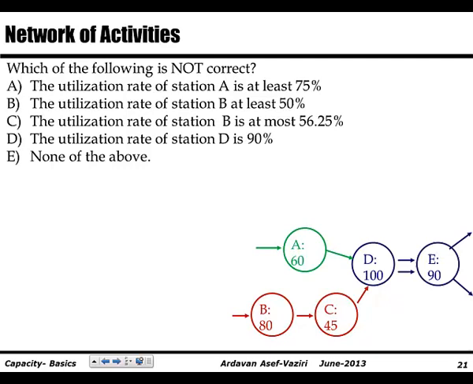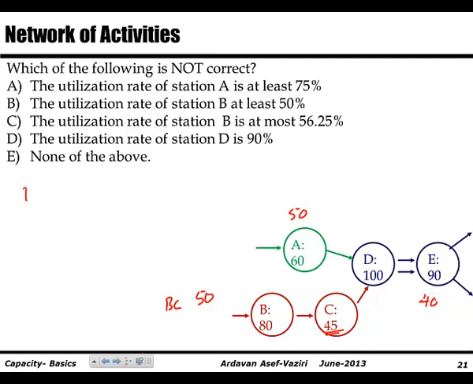Utilization of station B is at least 50%. For product BC, demand is 50. We cannot produce more than 45 as this constraint states, as this bottleneck states. But if I want to produce 50 of A, I will not be able to produce more than 40 of BC.